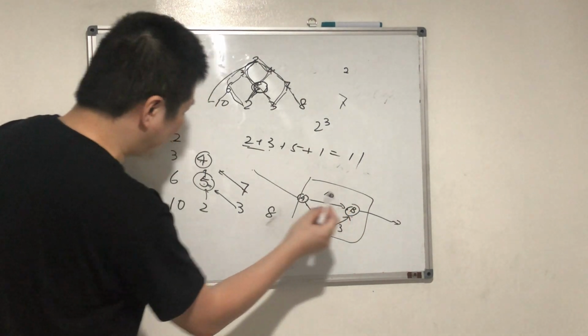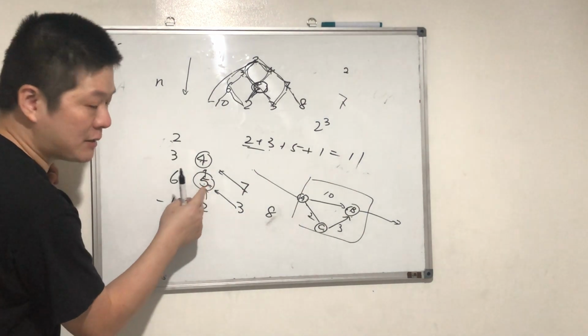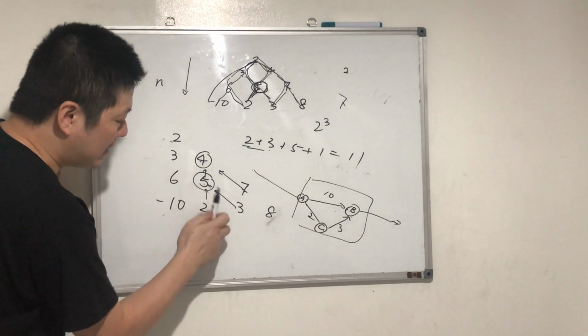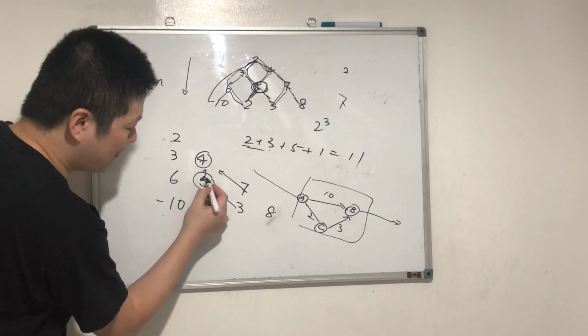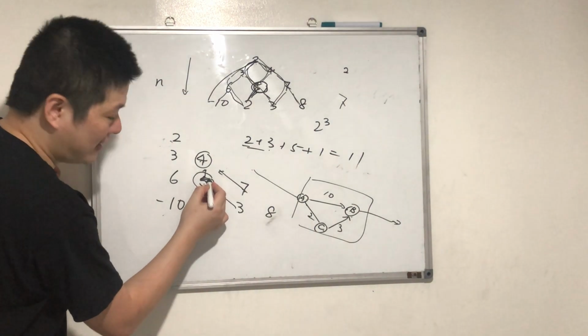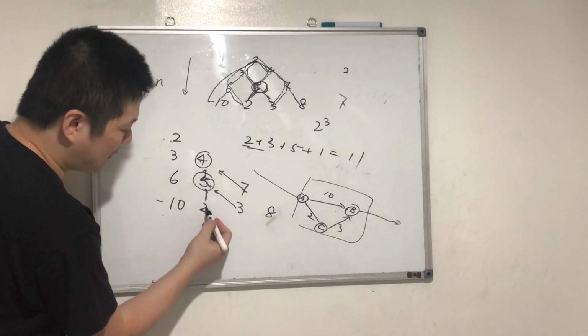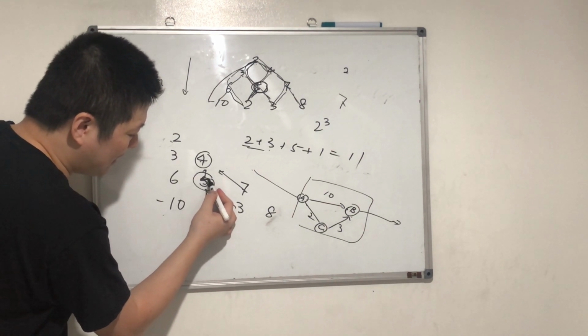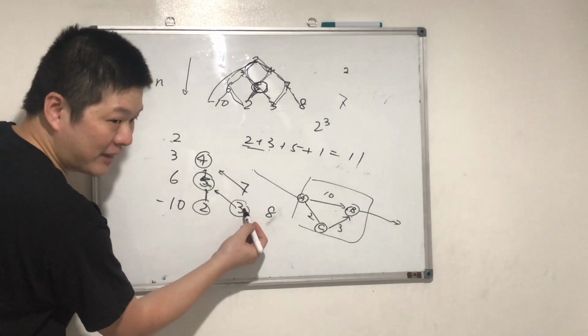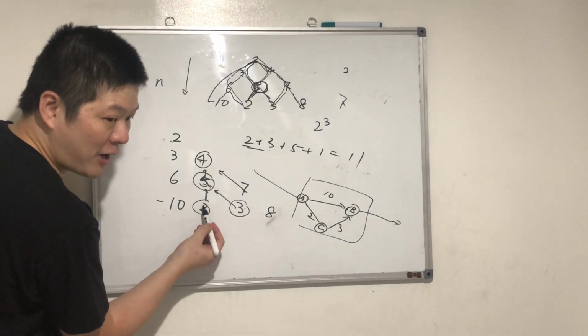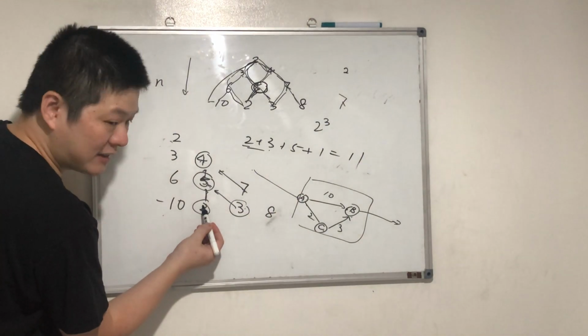So does it make sense? So if a shortest path comes from 5, then I can always pick the smallest from these two, which is 2. Does it make sense?